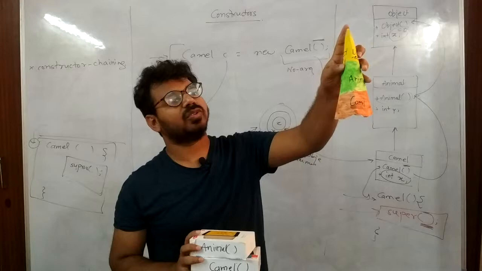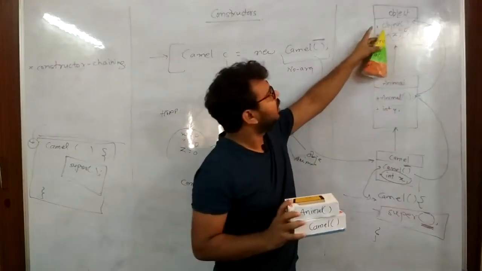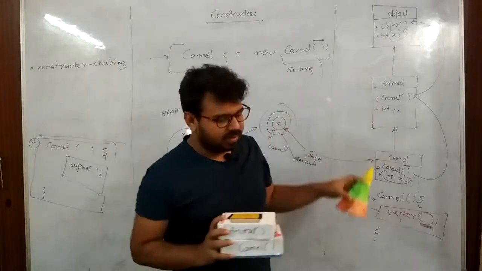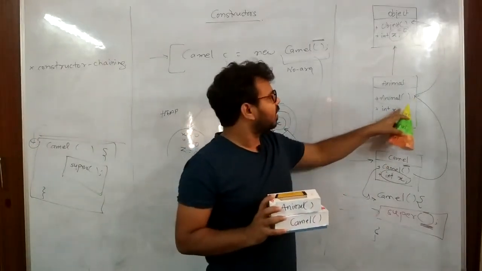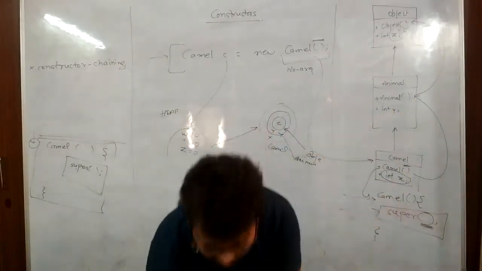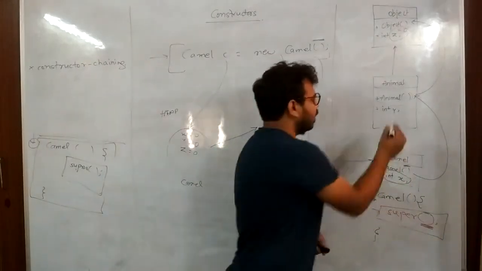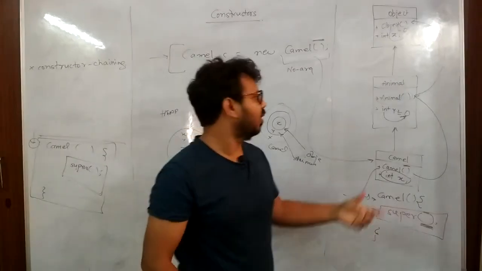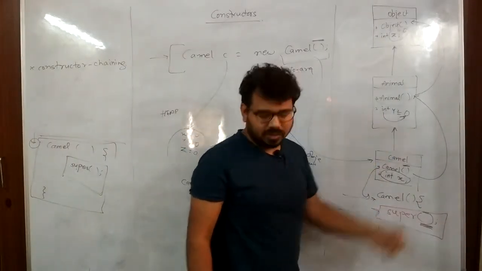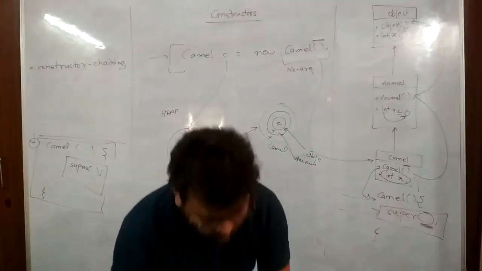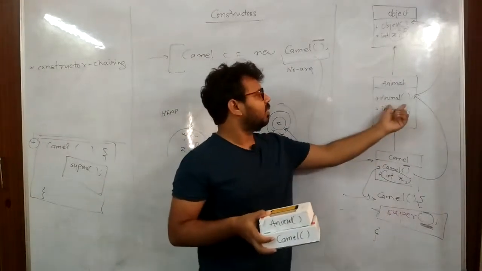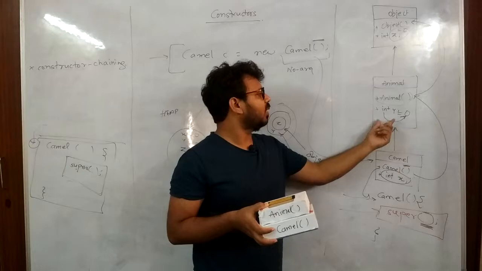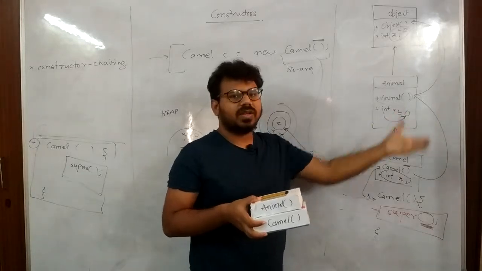Now since this object portion is created completely here, what will happen? It will go and try to create the animal portion. So here animal constructor will initialize this value y with 0, that is default value. Since this is integer, the default value for integer is 0, so it will initialize with 0. Okay, and the job of this animal constructor is done here because we are having only a single instance variable, so it will be initialized with the default value.